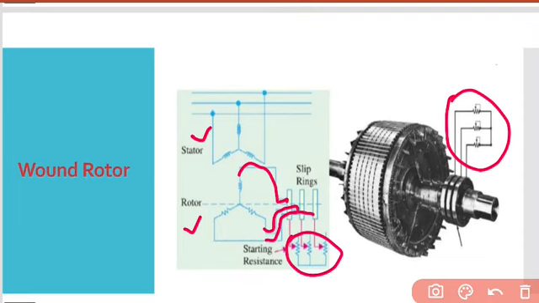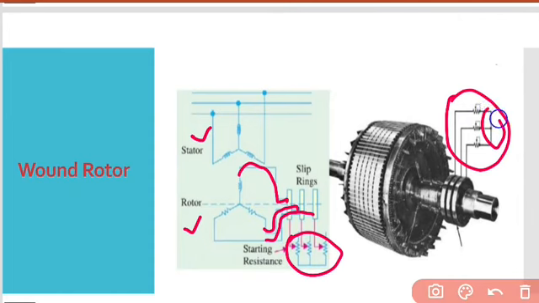Okay, what is the role of the external resistor? The external resistors are mainly used during startup. When we start the induction motor, we insert these external resistors during the starting of the three-phase induction motor. Then under normal running condition, the windings are short circuited externally.